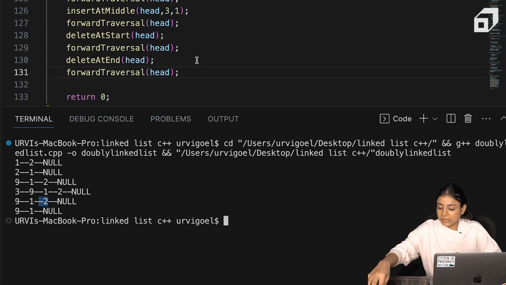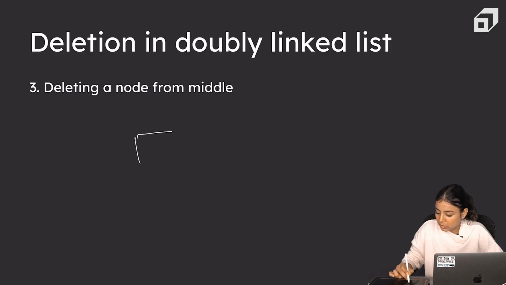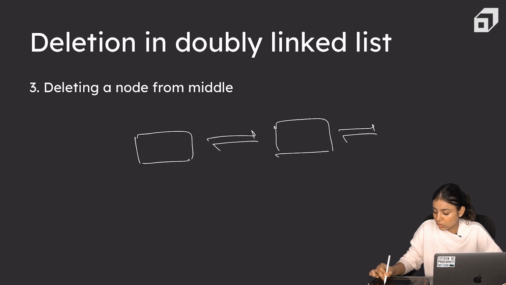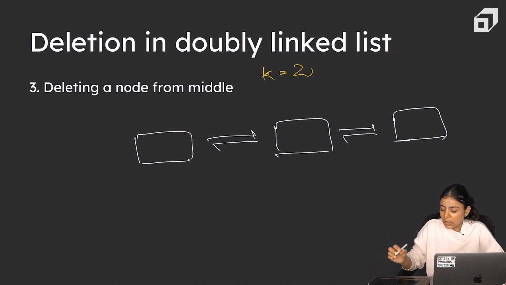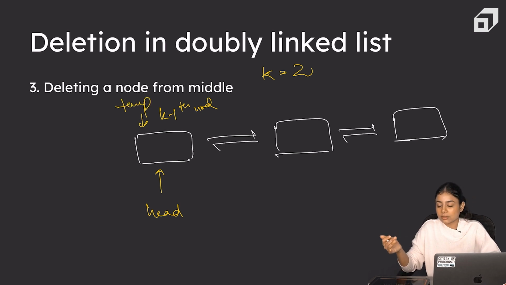Finally, let's see how to delete a node from the middle. If I have a doubly linked list which looks like this, and this is the k value that is given to me. First of all, let's traverse to the k minus 1th node. Let's call this temp, just like while inserting.